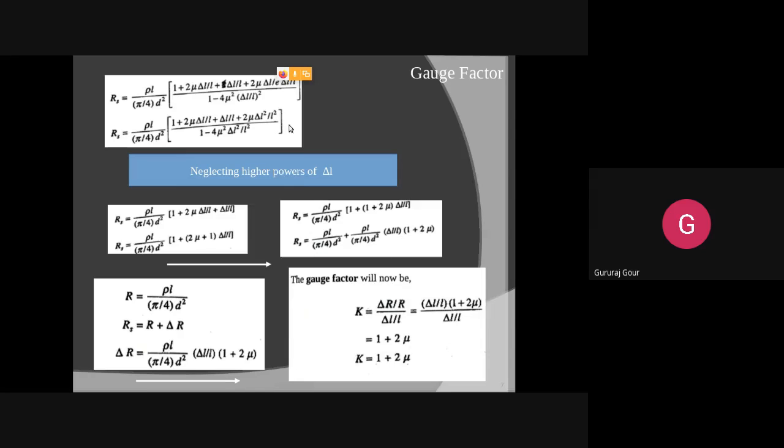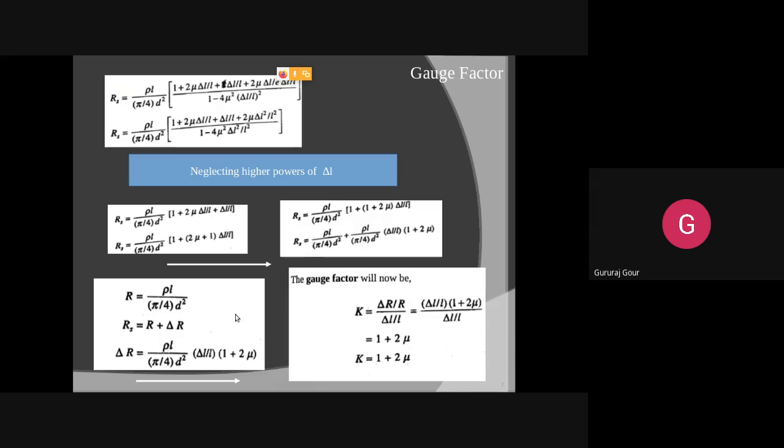Again, we neglect the higher powers of delta L, since the change in length is very small. Then we get the reduced equation for Rs like this. Take delta L by L common here, and make the substitution of delta L by L as the strain. Then we arrive at these new expressions.